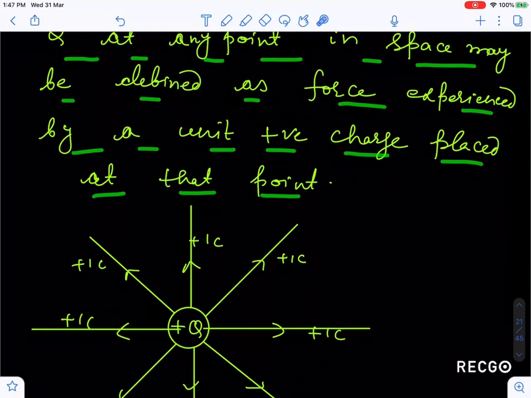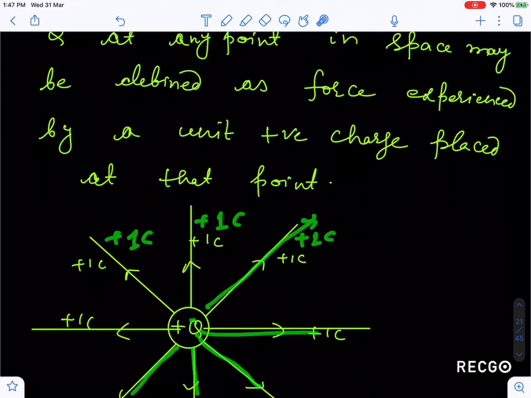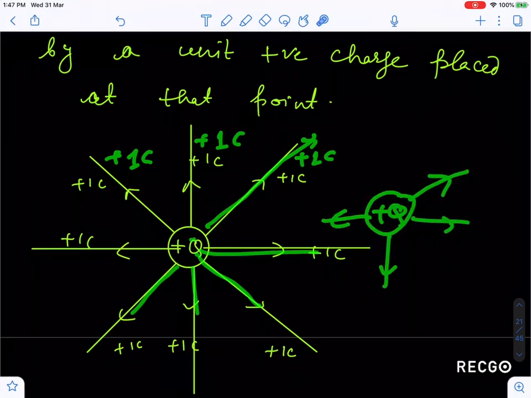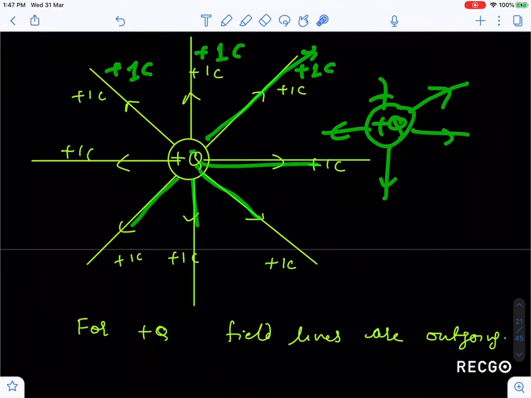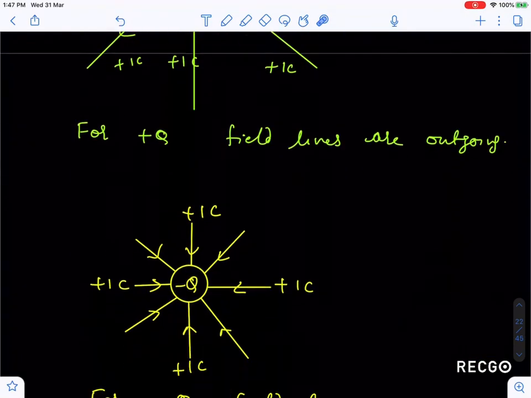So if you place unit positive charge at any point guys, suppose 1 coulomb charge I have kept throughout, I'll see that this Q will repel this 1 coulomb charge, this will repel, this will repel. So for positive charge, electric field lines if you draw, that is outgoing. I have written guys, for positive charge field lines are outgoing.